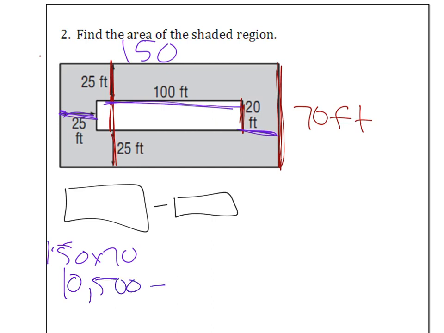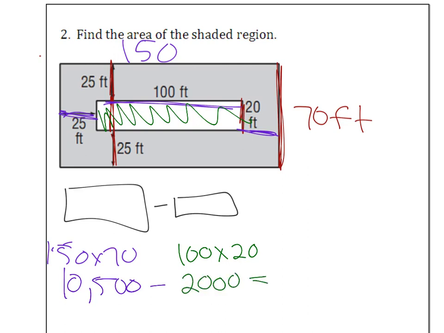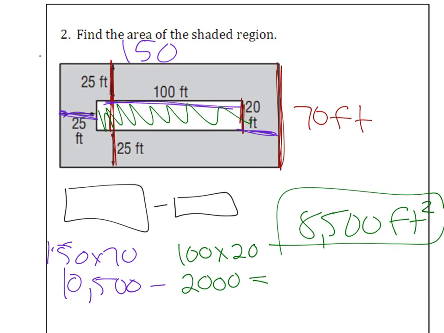Then I subtract the area of this little one in here, which is just 100 times 20, so it's going to be 2,000. So I get for a final answer 8,500 square feet. Pretty simple.